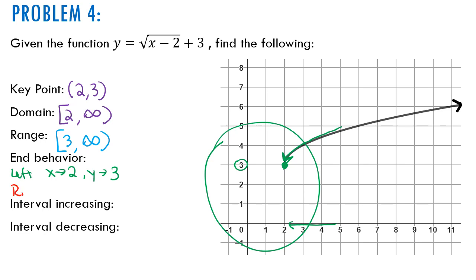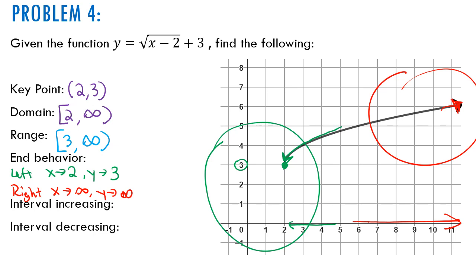Okay? And then the right side. So now we're looking over here. So as x heads towards positive infinity, the y value is heading upwards. So that's going to be positive infinity.